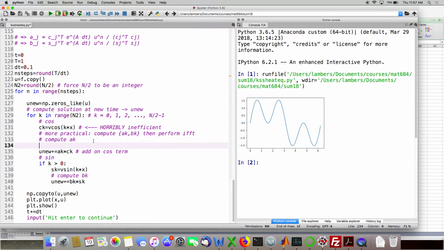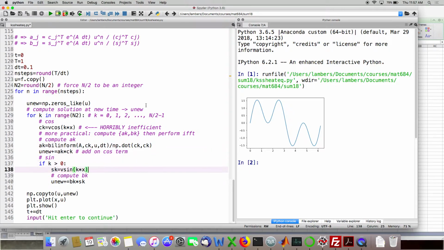So I can say that AK is equal to the bilinear form with my matrix A, my vectors CW, CK and U, and my parameter DT, and then I'll divide that by these inner products, so CK with itself.